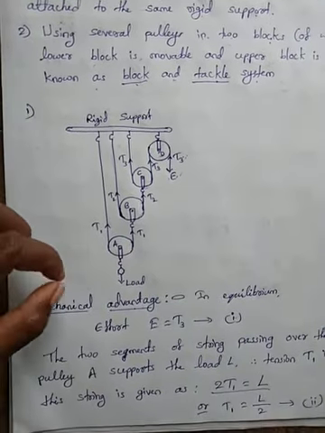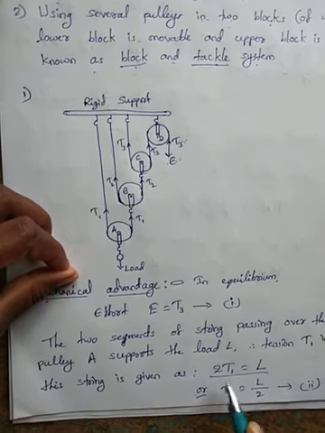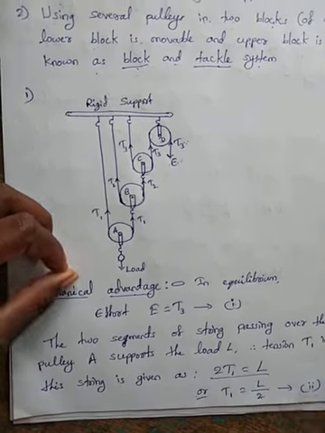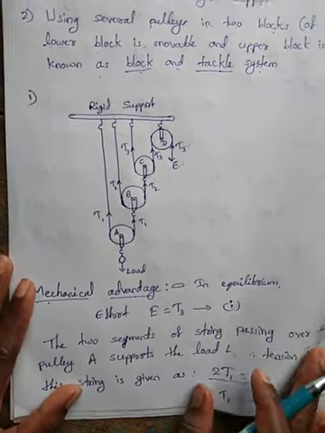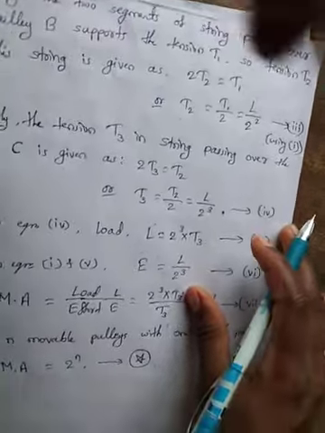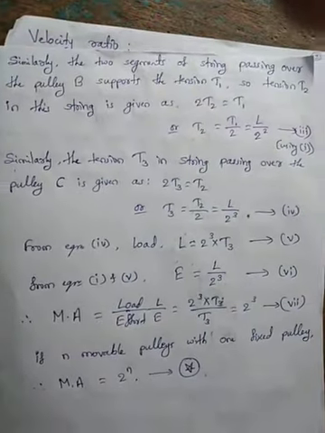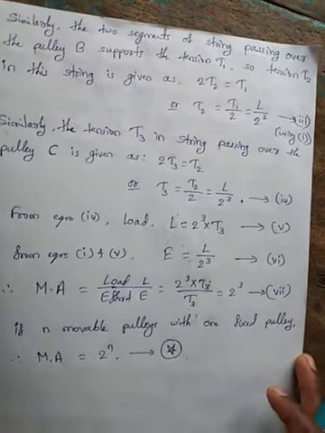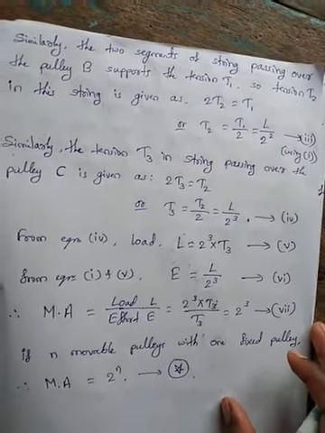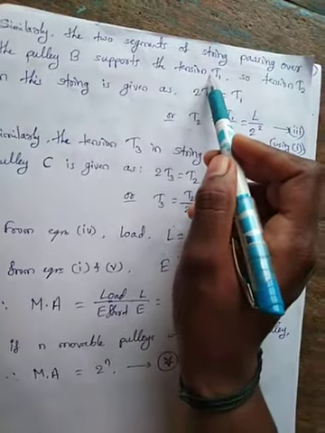2T1 is equal to L, or T1 is equal to L divided by 2. This is equation number 2. Next, similarly, two segments of a string passing over the pulley B support the tension T1.